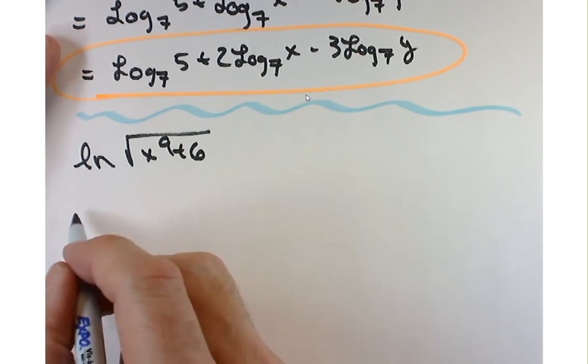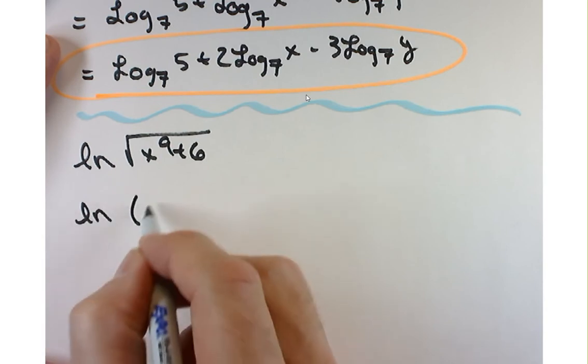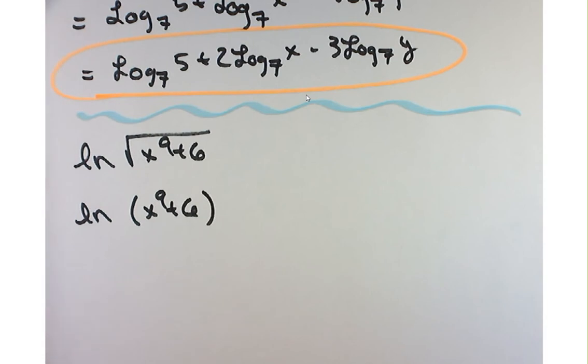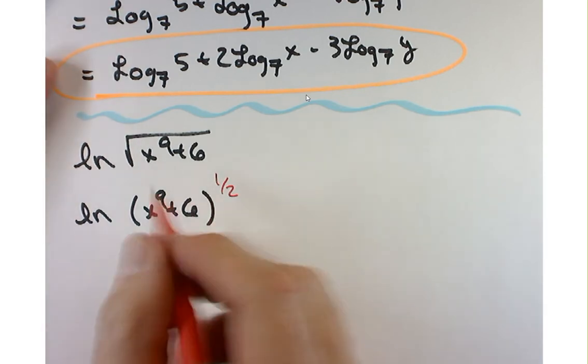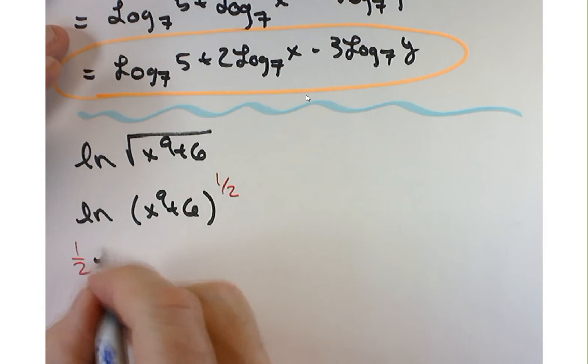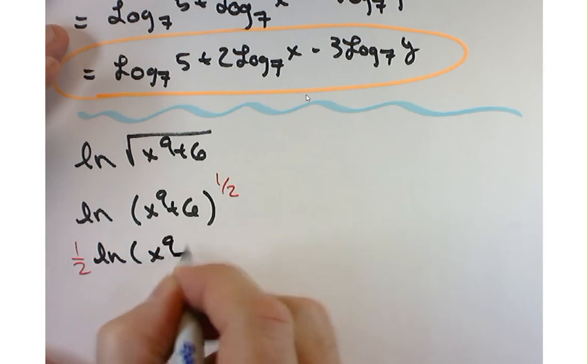Well, let me remind you that I can write the square root of something in a different way. The square root of something is something to a power. What power? 1/2. Thank you, ladies. 1/2. And now what can I do? Well, now the 1/2 comes out in front. So I get 1/2 ln of x to the 9th plus 6.